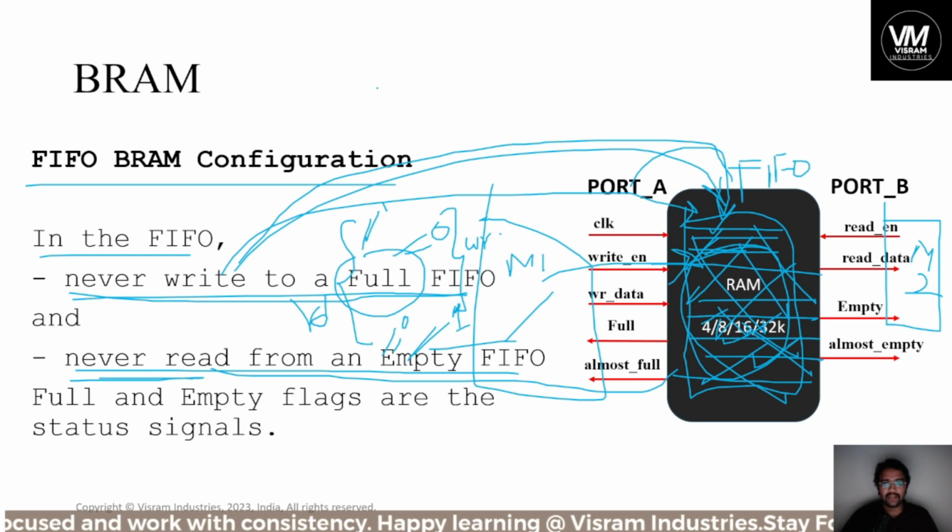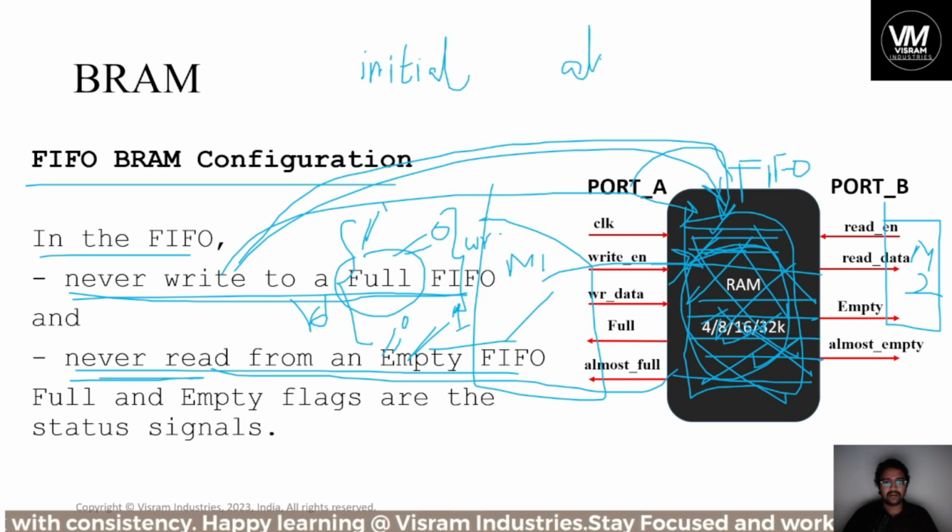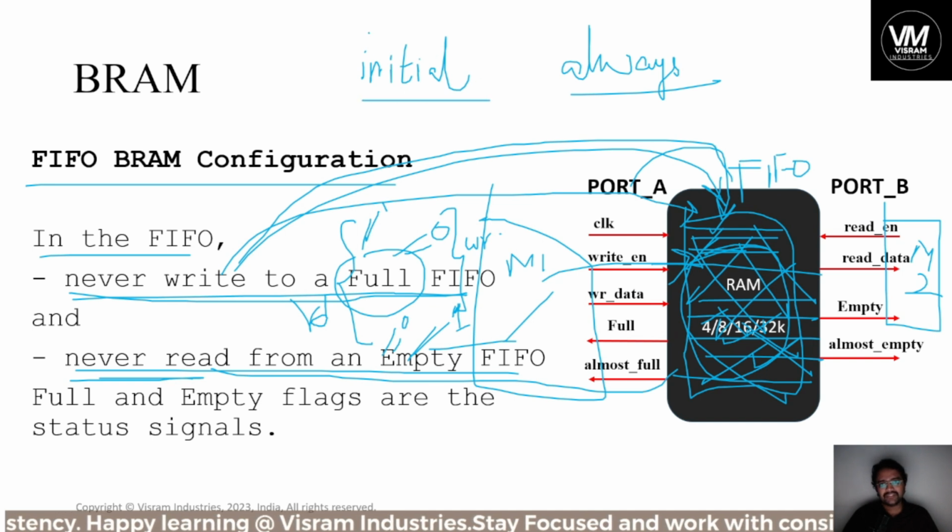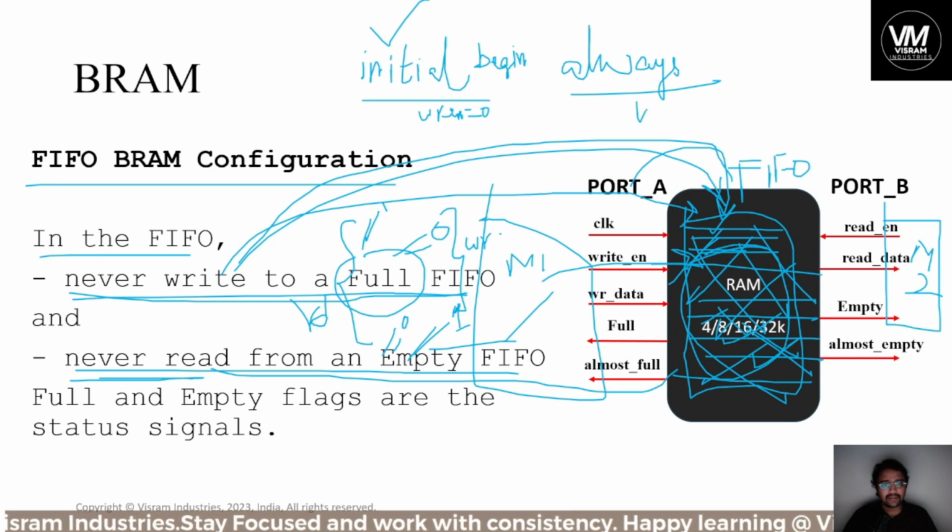So we have two blocks, right? Initial block and always block. What is this initial block doing? Initial begin, write enable is 0, and in the always block, write enable should be 1.